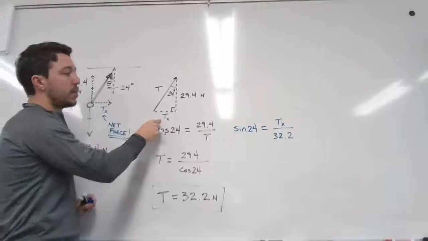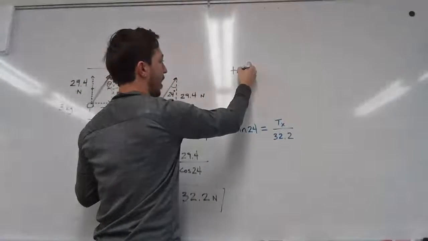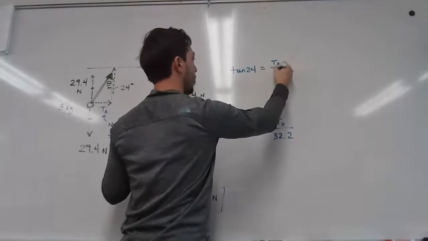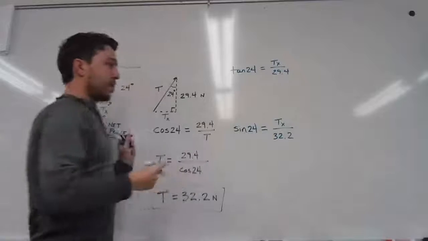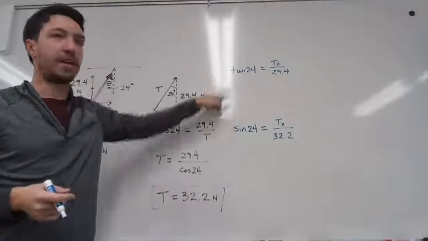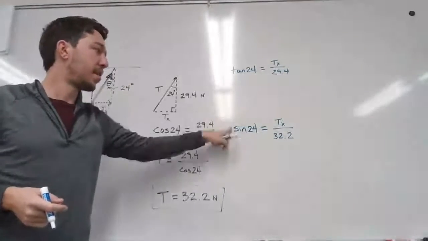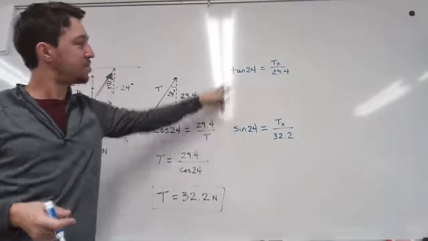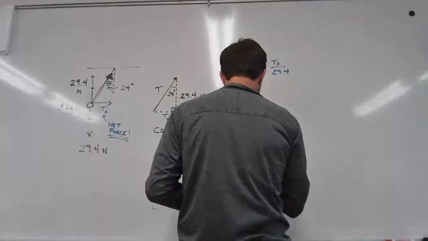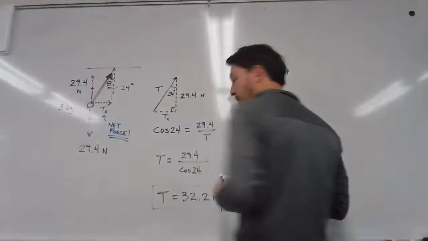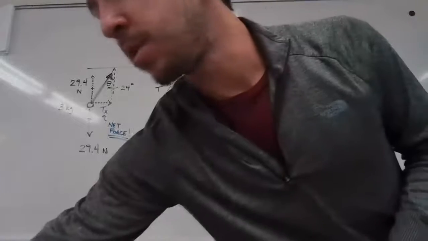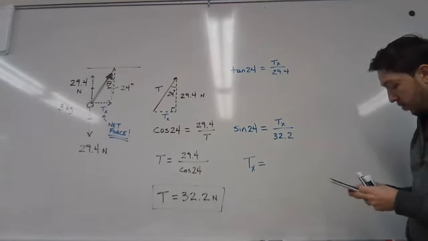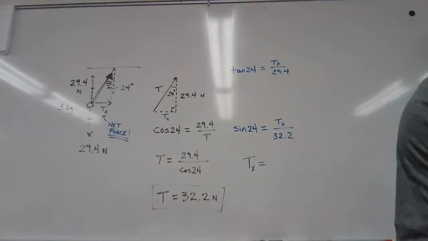So alternatively, I could have said tangent of 24 equals T_x over 29.4. It's the same answer. So that horizontal component of the tension would be 32.2 times the sine of 24, which is 13.1.